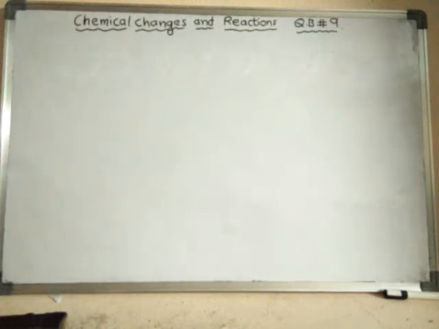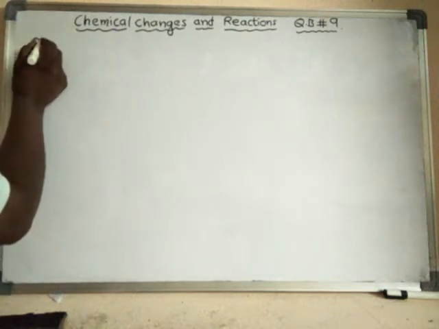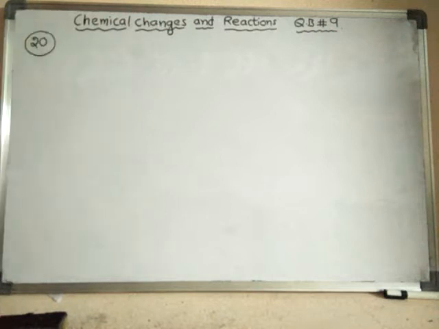We were learning the question bank related to chemical changes and reactions. So we will continue with the 20th question. Question number 20. Here there are around 10 sub questions.